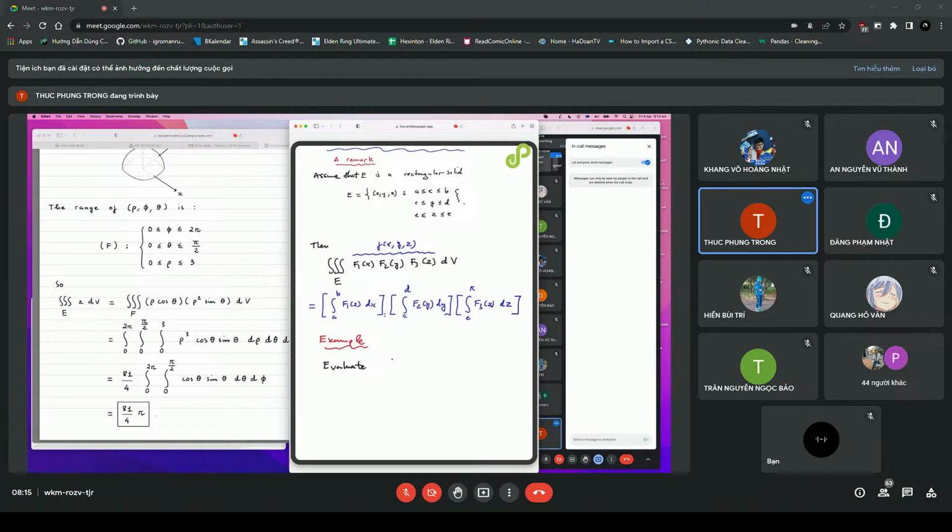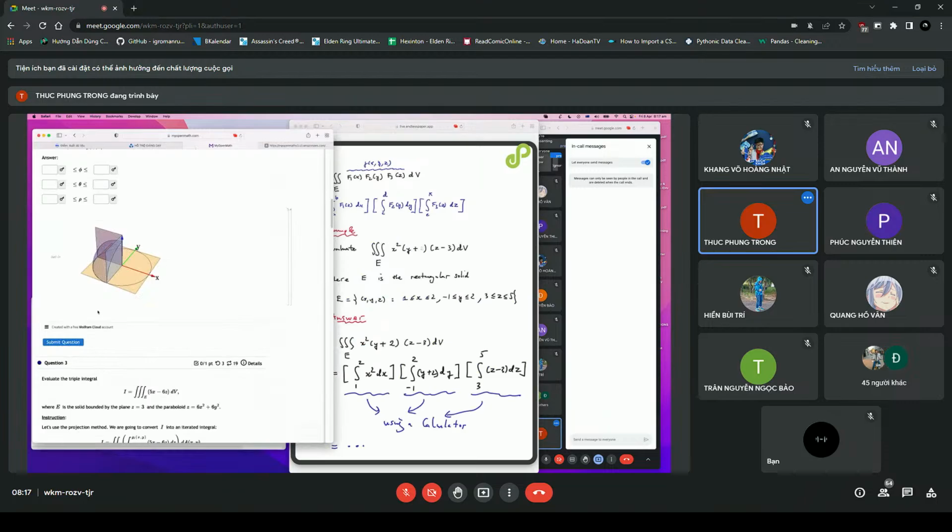So, questions for practice, triple integrals. For the first two questions, I tried to remind you about spherical coordinates. You may forget how to set it right, so it's time to recall this. And then from question number 3 up to the end, we have triple integrals.